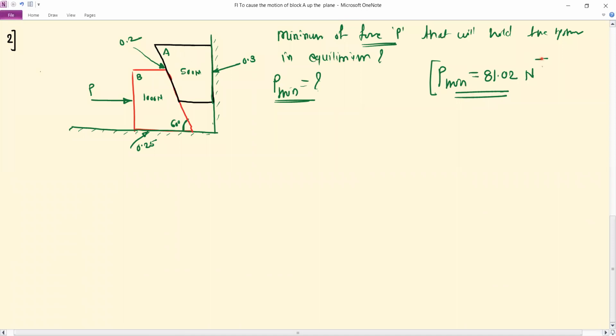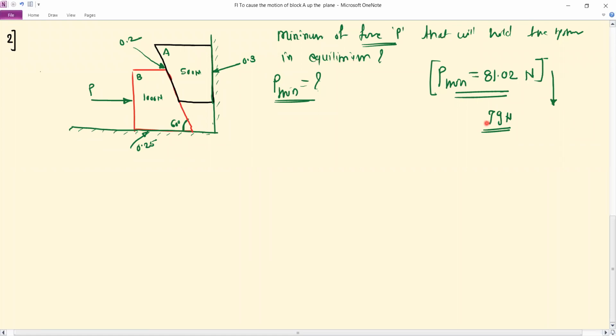If the force drops below this 81.02 Newton, just imagine we apply the force 79 Newton. Then at the 79 Newton, what is the impending motion? Definitely there will not be equilibrium. So there must be some motion. So if there is a motion, then what is the direction for the block A and direction of the block B?